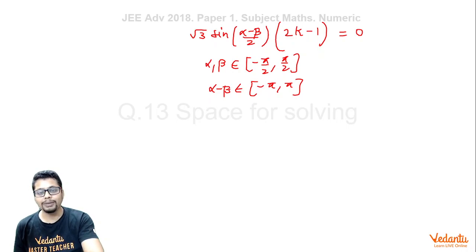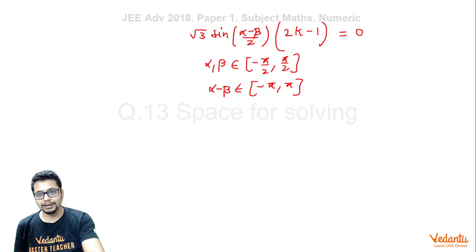Alpha minus beta would be minimum when alpha is the minimum possible and beta is the maximum possible. So minus pi by 2 minus pi by 2, you get minus pi. And alpha minus beta would be maximum when alpha is the maximum possible and beta is the minimum possible. So pi by 2 minus minus pi by 2, it's pi.